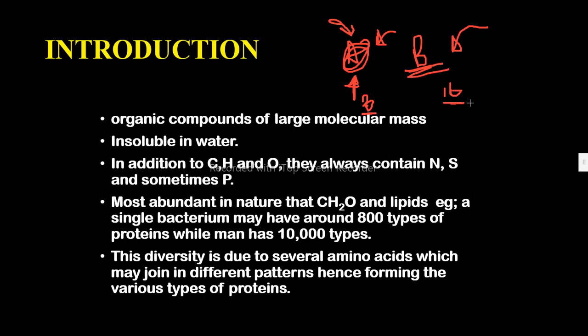These 20 known amino acids are used to form the 10,000 types of proteins in your body. Imagine, just 20, but they are arranged in different combinations to form those various types of proteins.